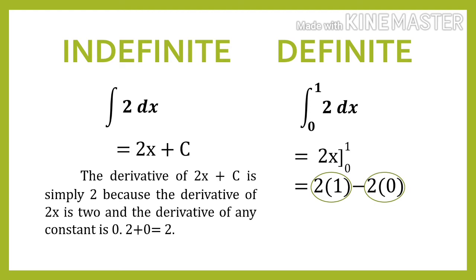Then simplify. 2 times 1 is 2 and 2 times 0 is 0. 2 minus 0 is 2. So the final answer of any definite integral is a number. Take note that in definite integration, the final answers don't have the constant c.